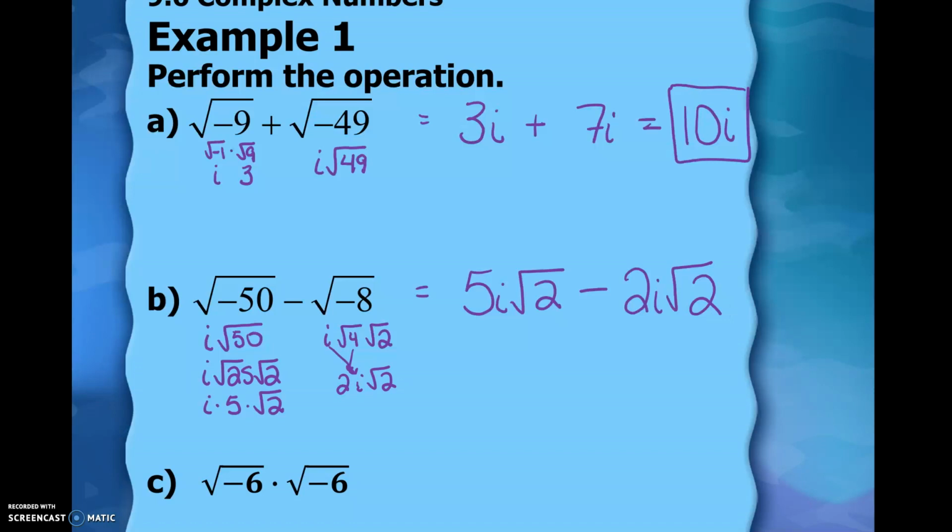In the beginning part of chapter 9, we talked about like radicals. You can add and subtract like radicals. Do you see how this is 5 times stuff minus 2 times the same stuff? Because I square root of 2 matches I square root of 2, we can do 5 minus 2, which is 3 times I square root of 2.